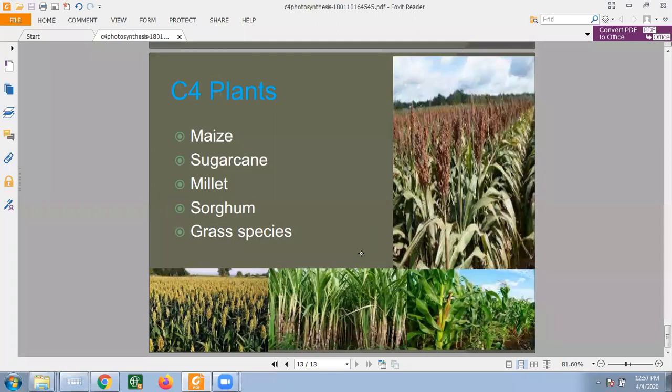There are 2 carbon dioxide acceptors found in C4 plants: phosphoenol pyruvate in the mesophyll cells and ribulose 1,5-bisphosphate in the bundle sheath cells. Carboxylation is catalyzed by phosphoenol pyruvate carboxylase in the mesophyll cell and ribulose bisphosphate carboxylase in the bundle sheath cells.